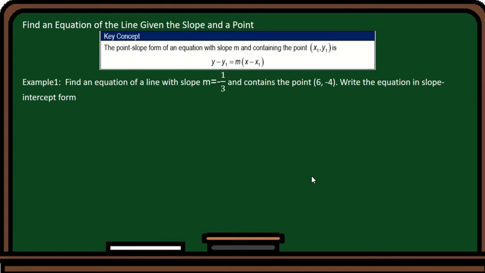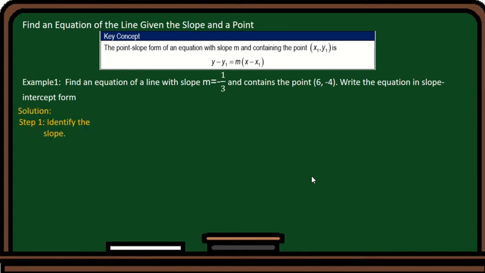So be careful in following the instruction, class, because there are times that the given wants you to write the equation in a slope form or standard form. So, ibig sabihin, pwedeng slope-intercept form yung gagawin mong equation or standard form, depende sa hinihingi ng problem. So, in this case, gusto niya, ang equation is in a slope-intercept form.